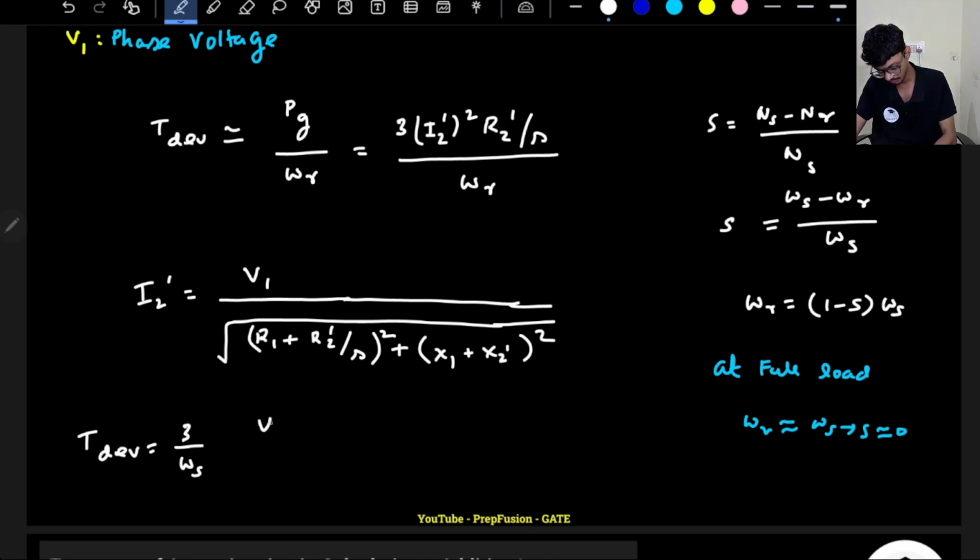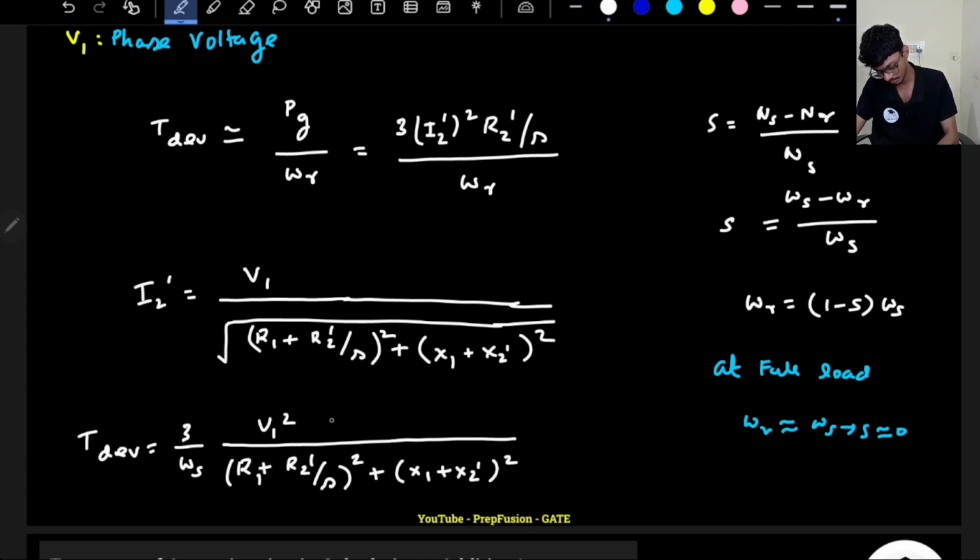I2 whole square is V1 whole square divided by R1 plus R2 dash by s whole square plus x1 plus x2 dash whole square. And this will be multiplied by R2 dash divided by s.